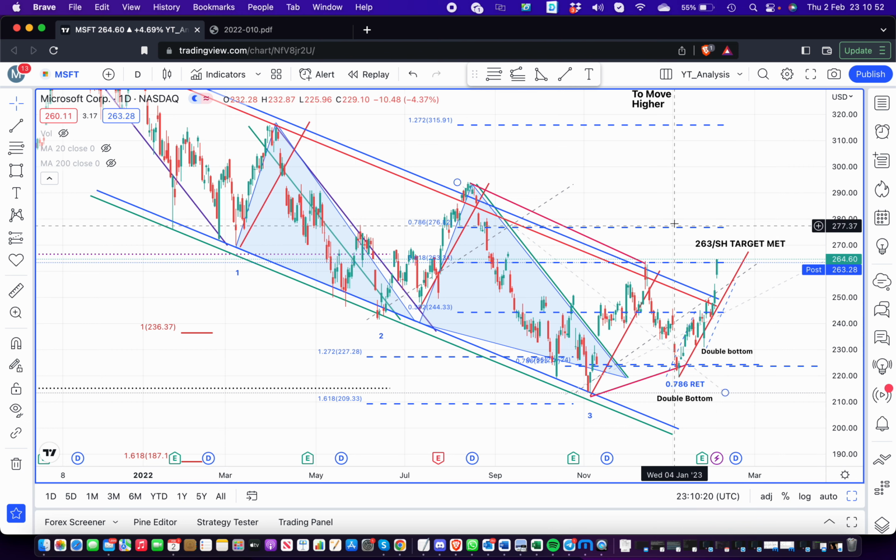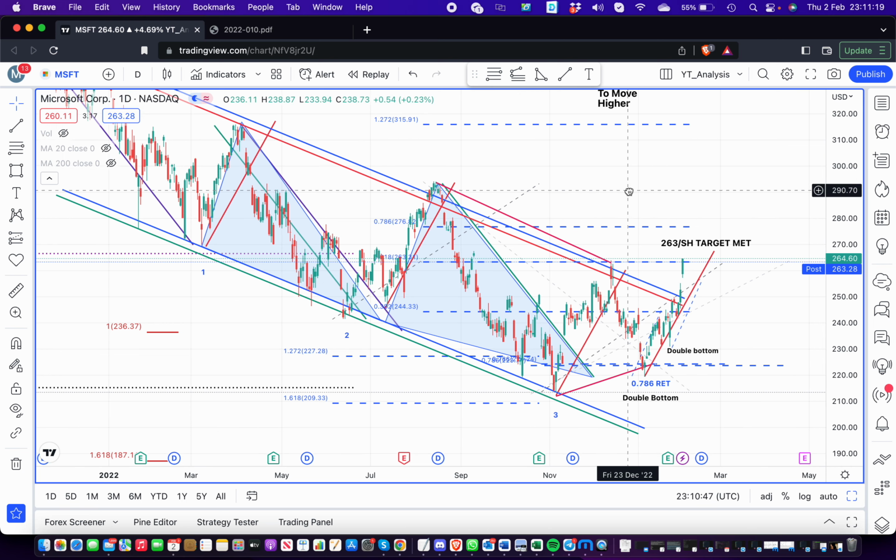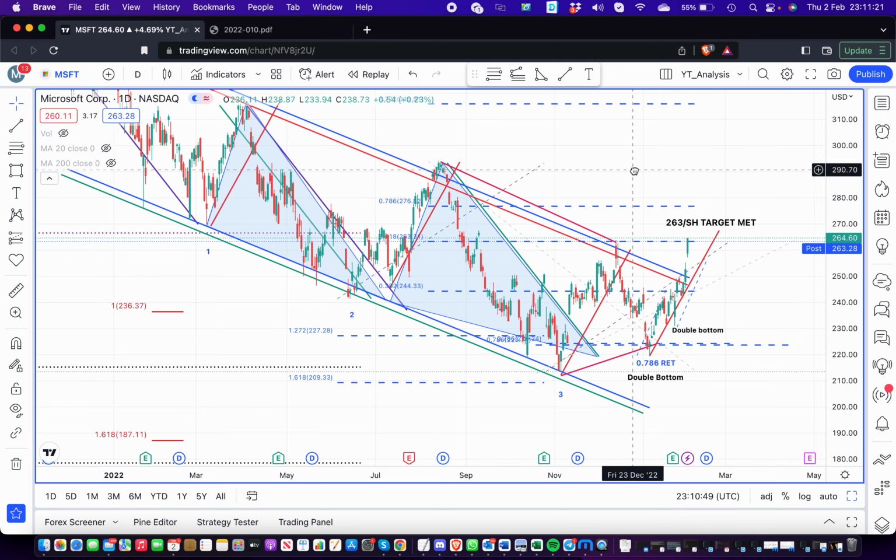Perhaps this channel could actually become a propellant zone, or in other words support, and it's possible that the stock moves lower a little bit, goes into some corrective mode, also depending upon the overall market. And this region of around $250 to $245 level, perhaps it could become a propellant zone for the stock. So this is what we are watching in Microsoft.